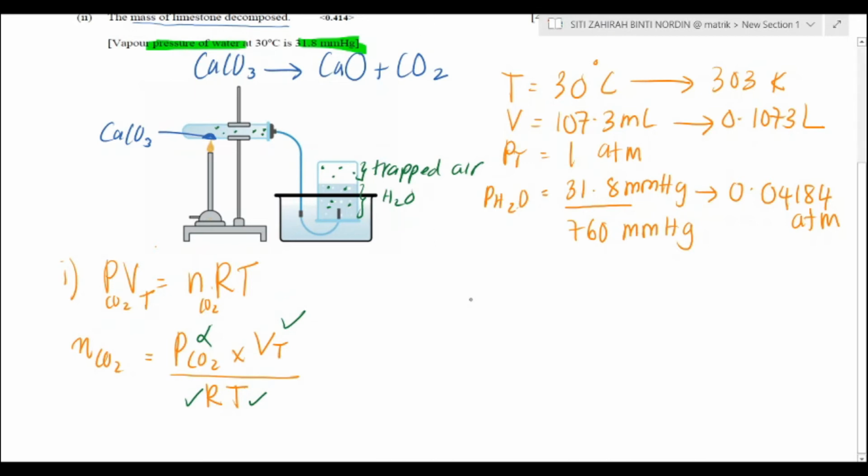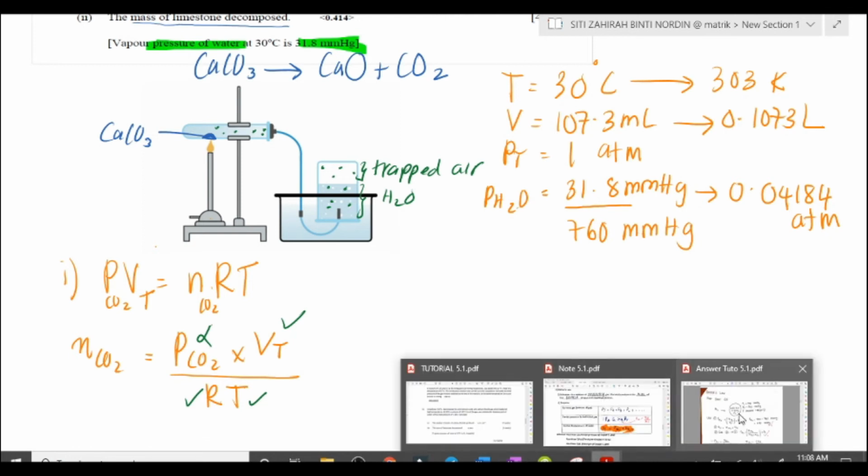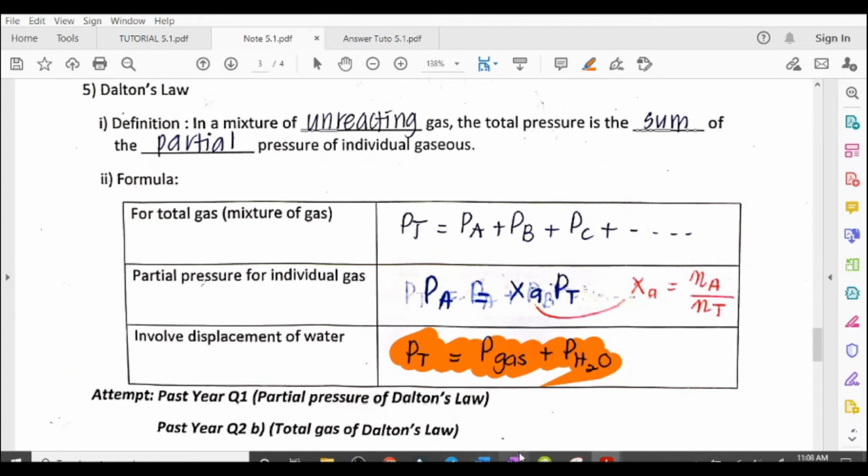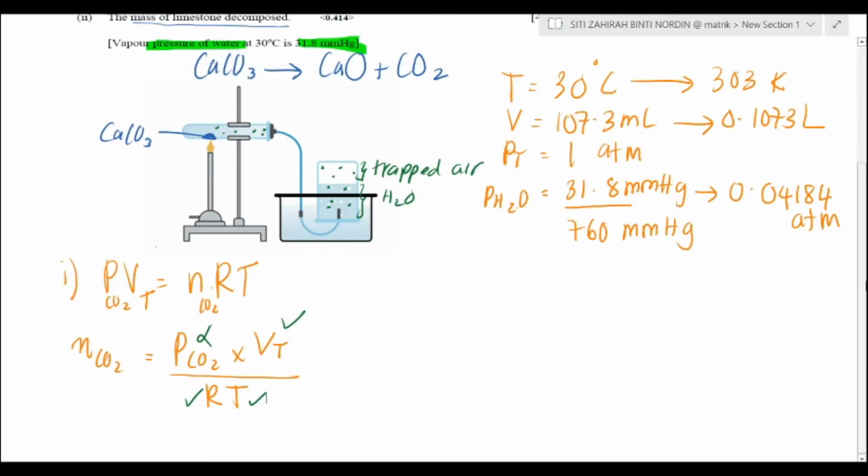So for the pressure of CO2, refer back to your Dalton's law formula of displacement of water. So pressure total is the sum of the pressure of gas and the pressure of water.